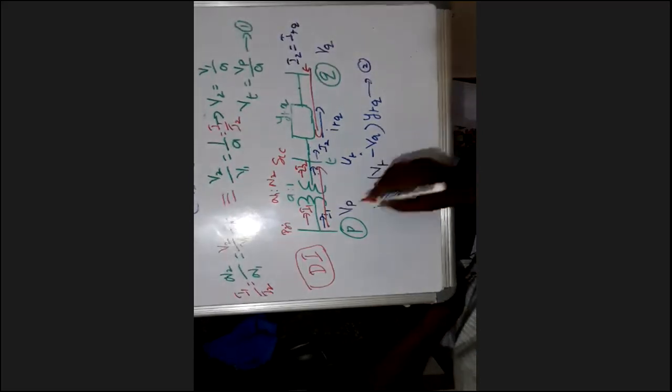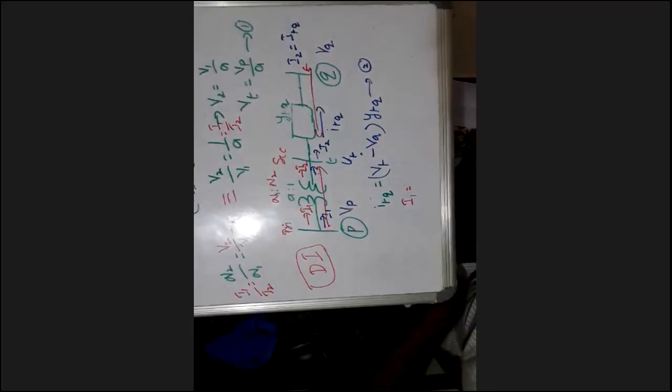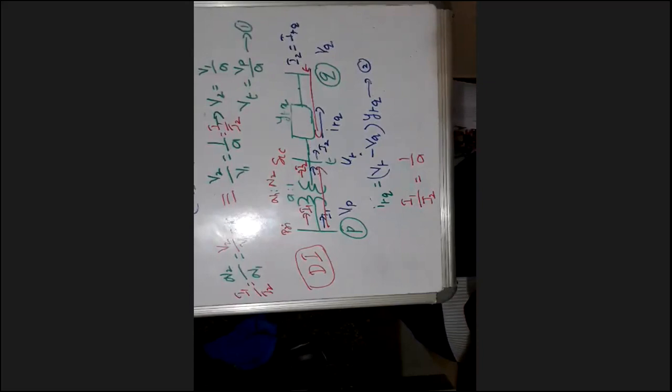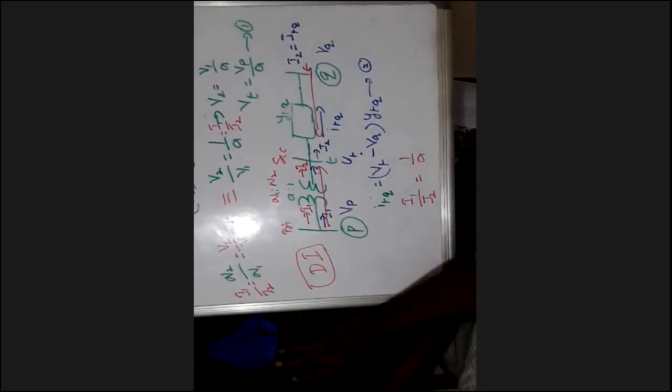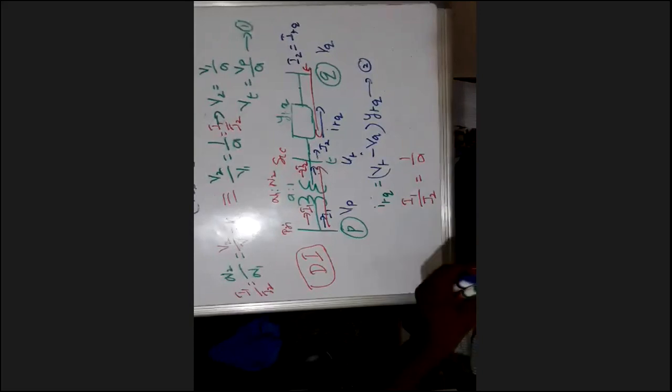Right. So now you see that my I1 by I2 is equals to 1 by A. Can I write? Anybody respond, please? This is right, right?